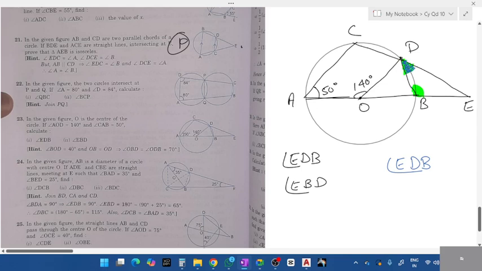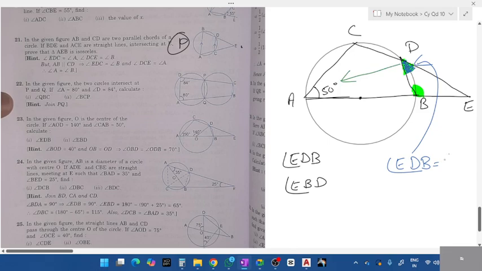Exterior angle is equal to what? Interior opposite. Which is the interior opposite for EDB? Don't consider O. Just ignore O, students. Isn't it a cyclic quadrilateral? So my question is angle D. You have to find this one, the one which I have put an arrow on. That will be equal to the interior opposite.